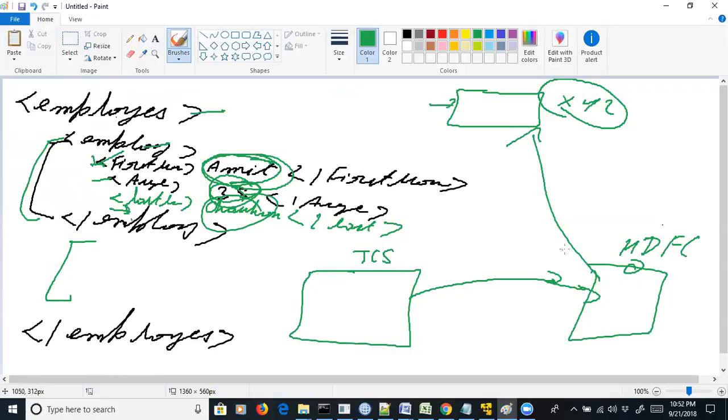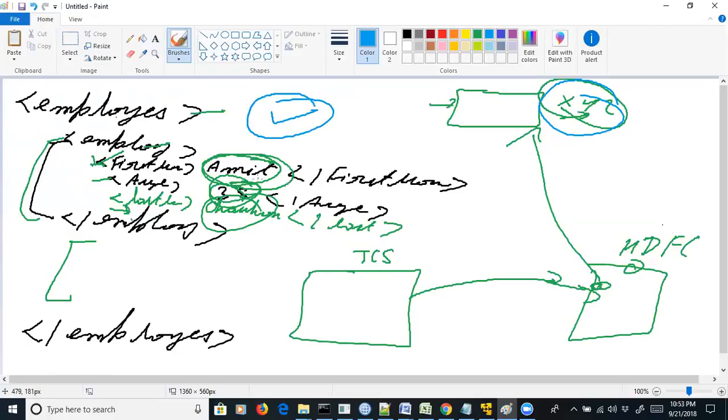Or maybe HDFC can impose the same XML format on the XYZ company. They may agree or may not agree. Even if they agree, XYZ company has to develop another application which can produce the data in this format. So this is not standard. That is the first problem.